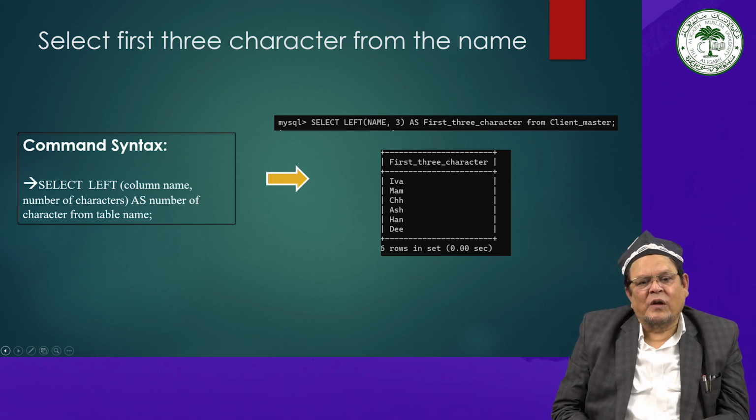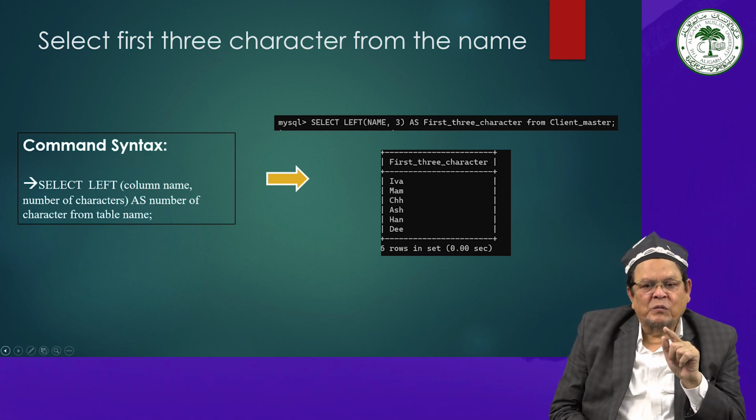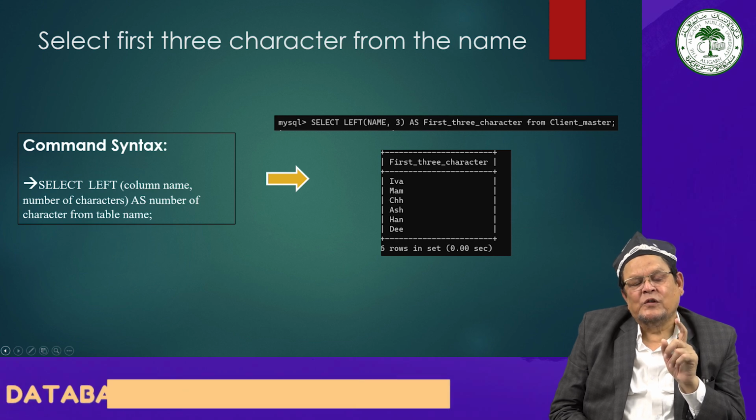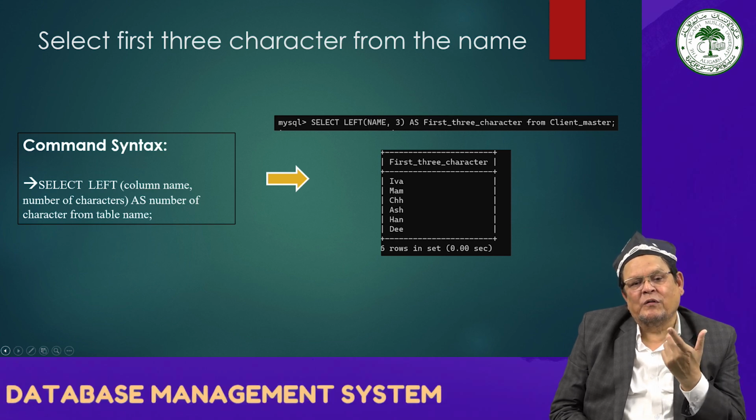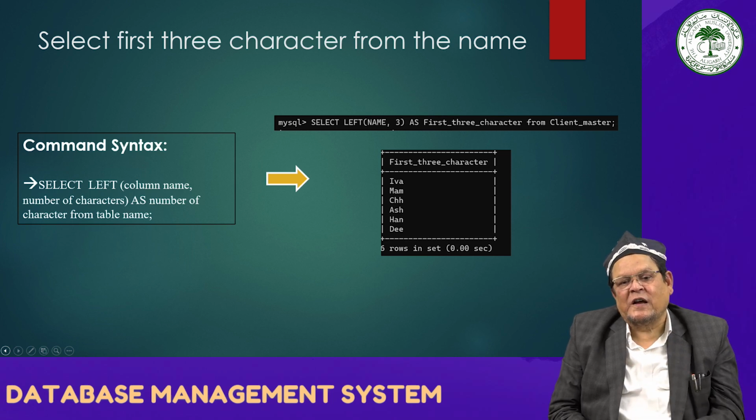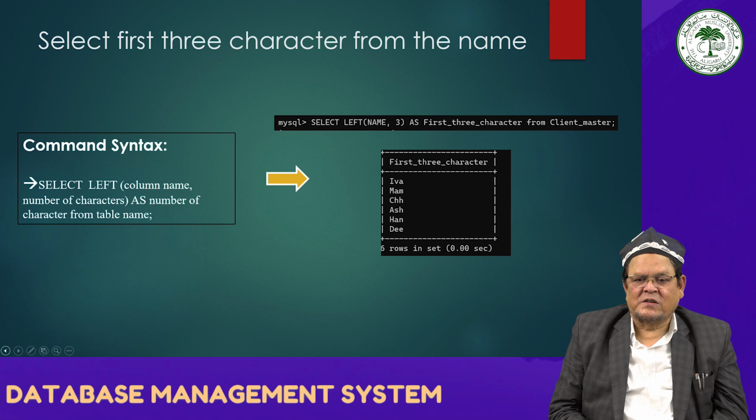In MySQL, you write select left parenthesis name comma 3. We want 3 characters from the name. You can do the same for state also, whatever attribute you want, you can put here. Here I am using name, comma 3, as first 3 characters, from client master.